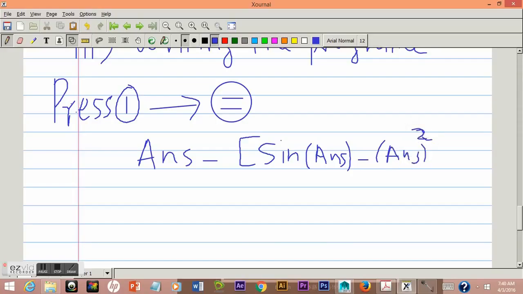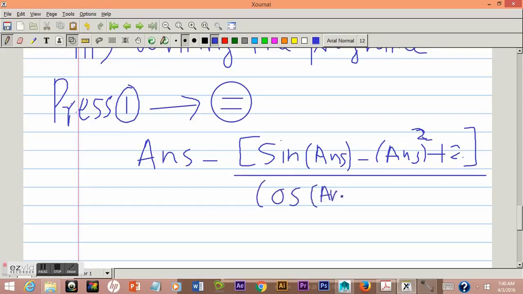Then other steps are easy. After building that one, just press equal. Then you get all the values.